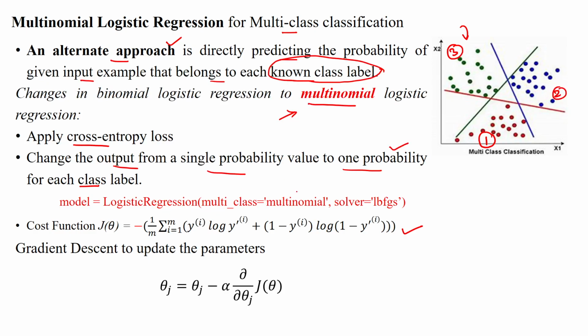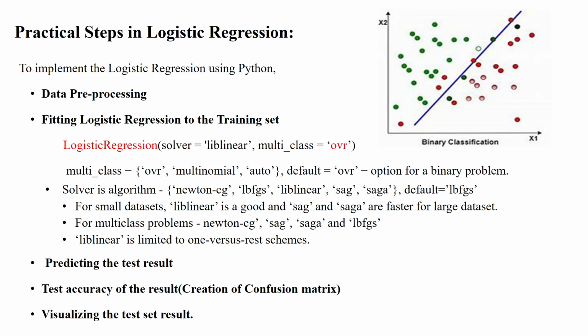Here is the change in the code: in multi_class you have to give multinomial, and the solver can be anything, LBFGS or SAGA or Newton-CG. In binary classification we used OVR in the place of multi_class, but now in multiple class classification we have to use multinomial.